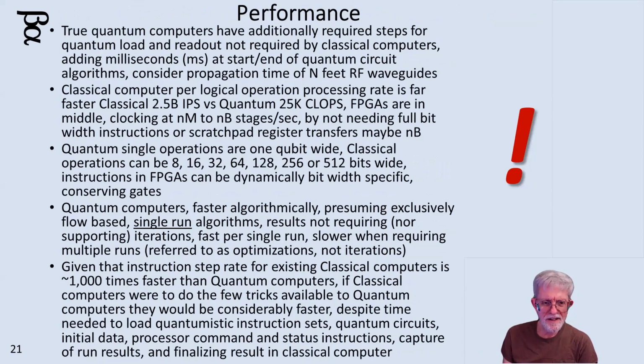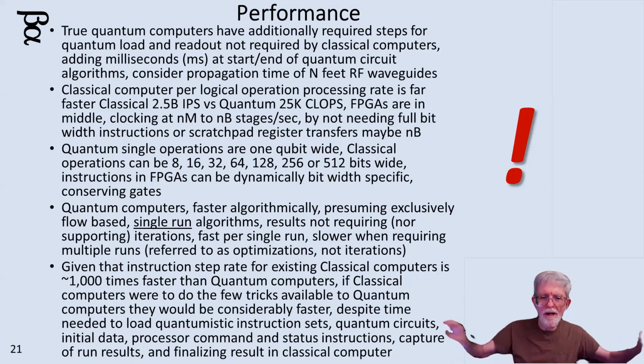As mentioned in the last presentation, the instruction processing performance of a classical computer is on the order of 2.5 billion instructions per second versus a quantum computer running at about 25,000 operations per second. So if I can flip my quantum algorithm over to a classical computer, I can be executing many millions of instruction stages per second in parallel without needing those full width instructions.